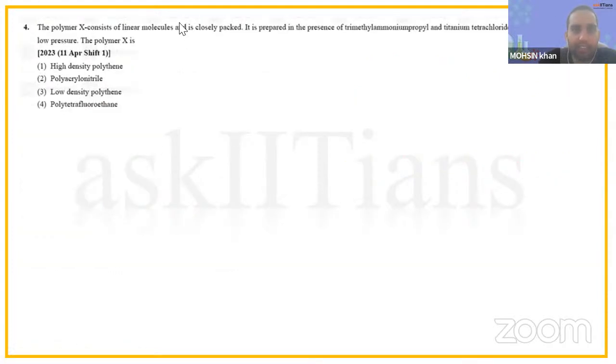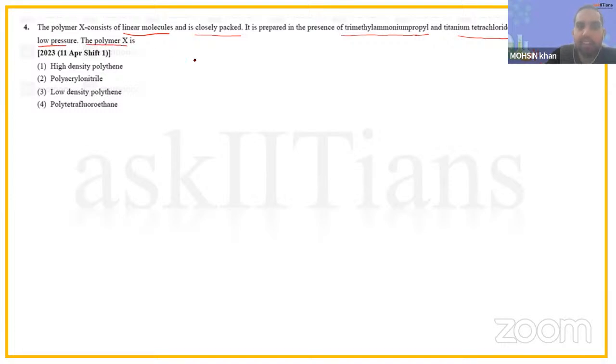The next question is: a polymer X consists of linear molecules, a linear chain, and is closely packed. It is prepared in the presence of triethyl aluminium and titanium tetrachloride under low pressure.